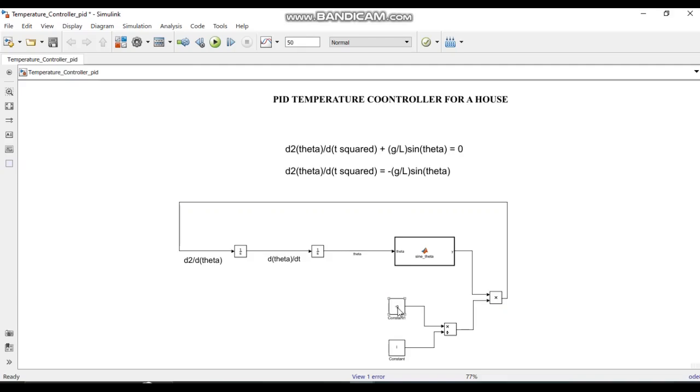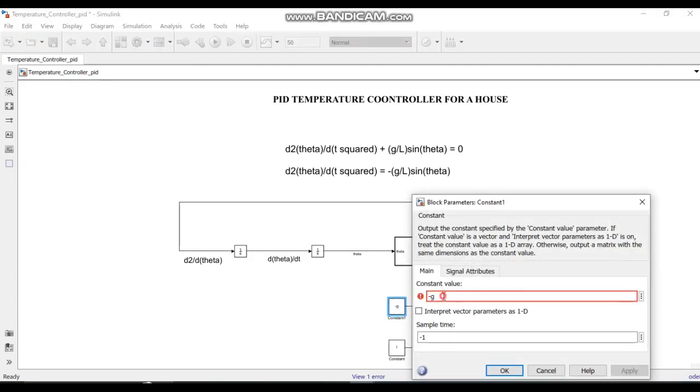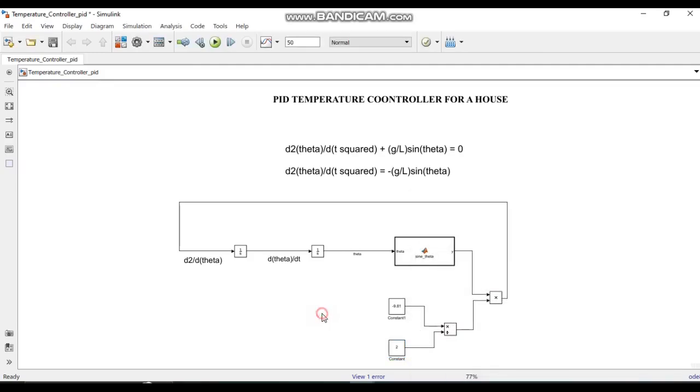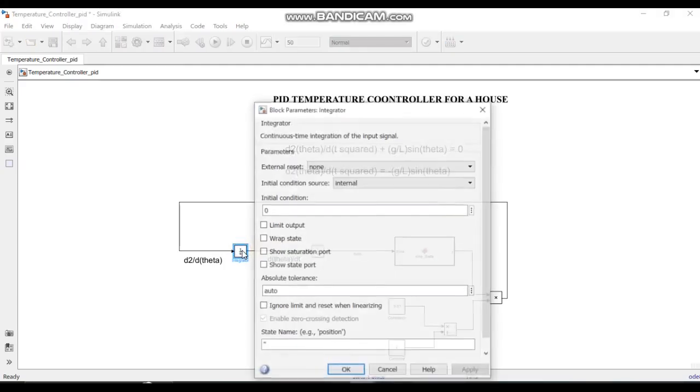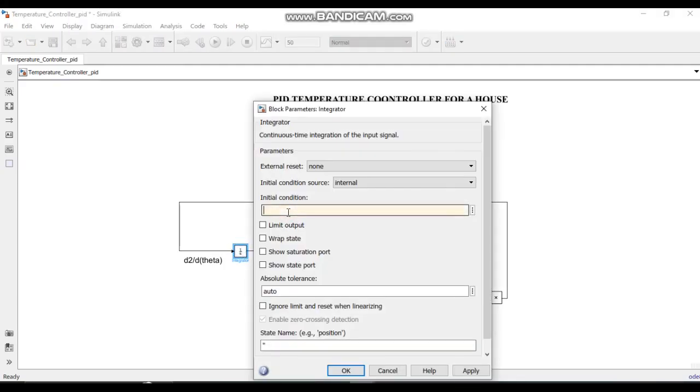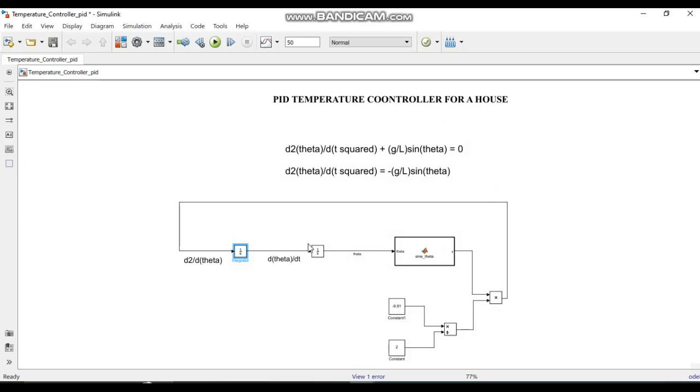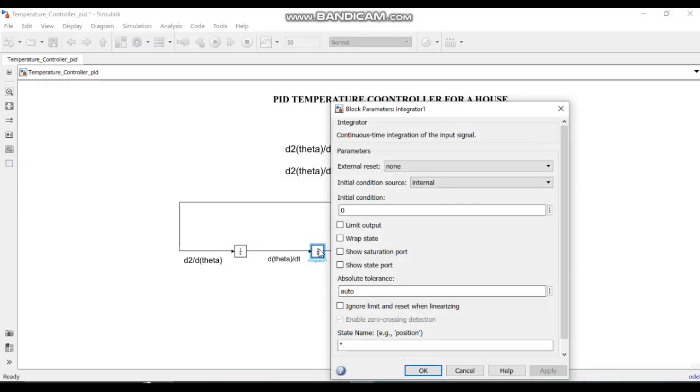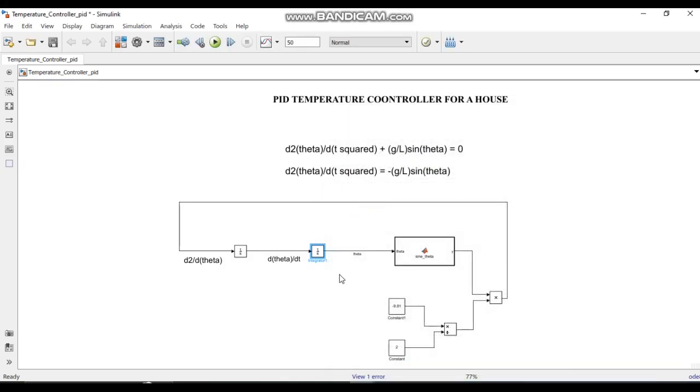So let's try to run this and see how it comes out. Oh, we have to define the constants. So let's leave g as 9.81. Let's leave our length as 2 meters. Initial condition. Now I do not know what I'm doing, guys, just guessing.